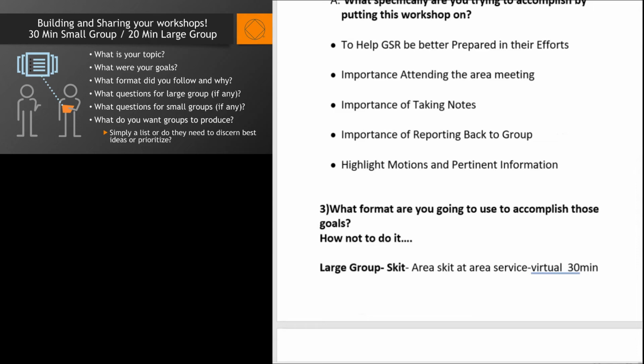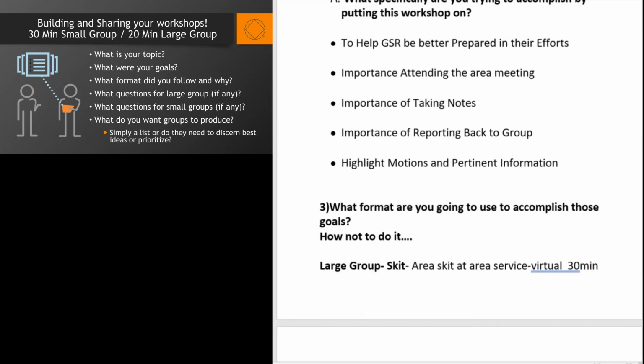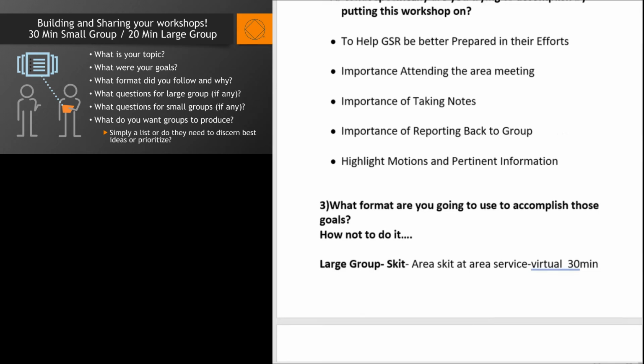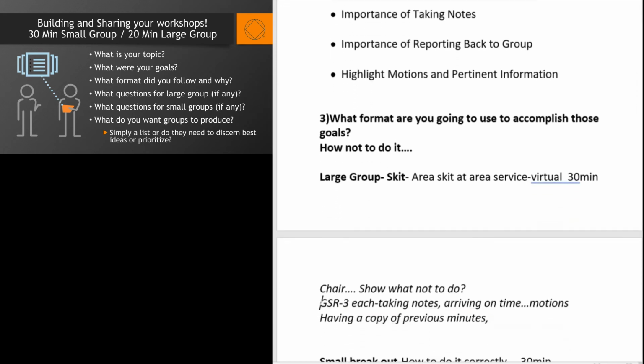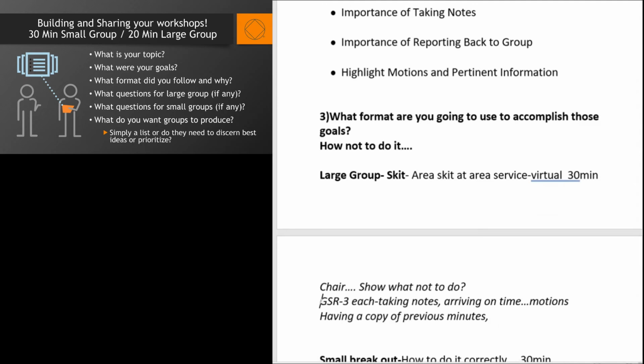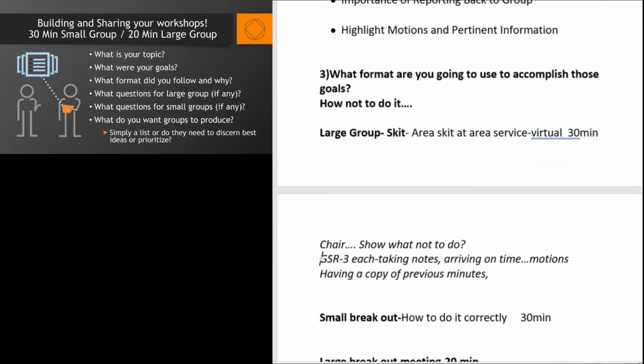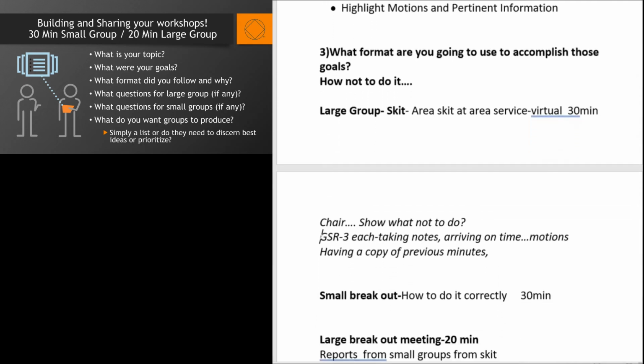To be a better GSR is to help be better prepared in their efforts, which could include attending area meetings, maybe not missing any, taking notes, reporting back to each group, and highlighting some of the motions and more pertinent information.